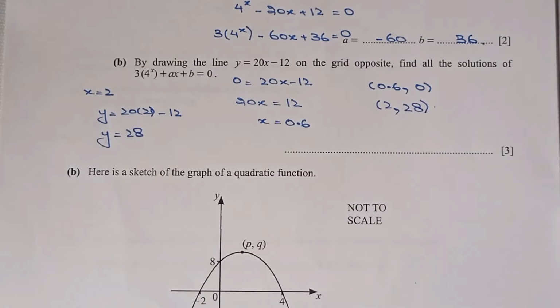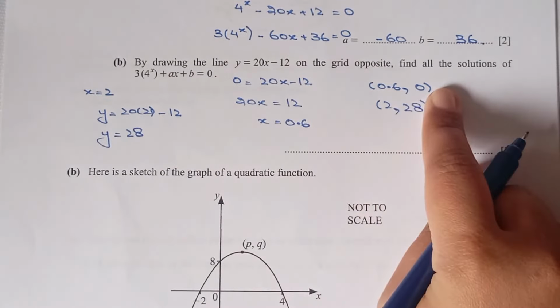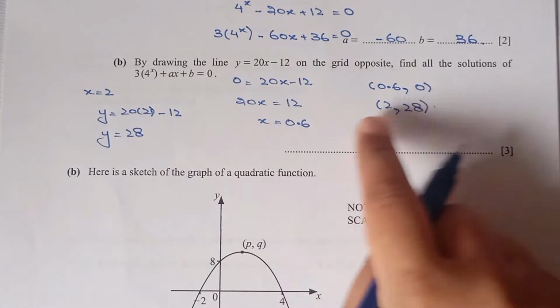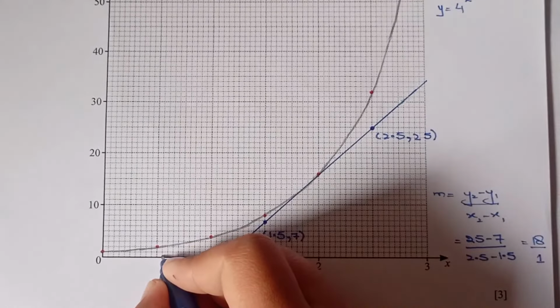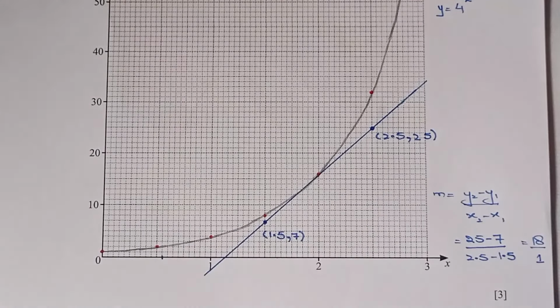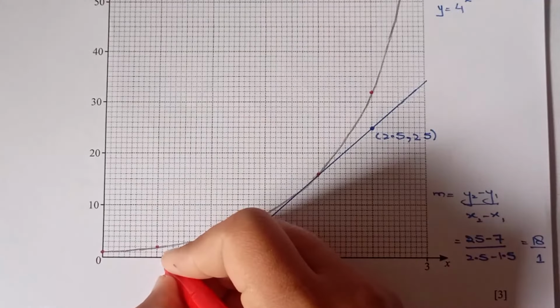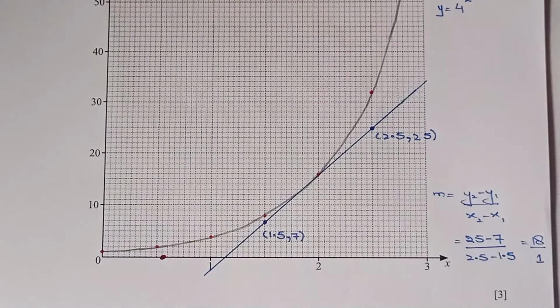So let me draw this line by using the points 0.6, 0 and 2, 28. Okay, so for 0.6, where is x equals 0.6? x is 0.5 over here, and then 0.6, and the y value is 0. So 0.6, 0 is this point, and the second point is 2 and 28.